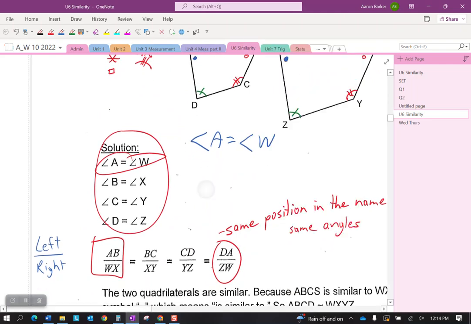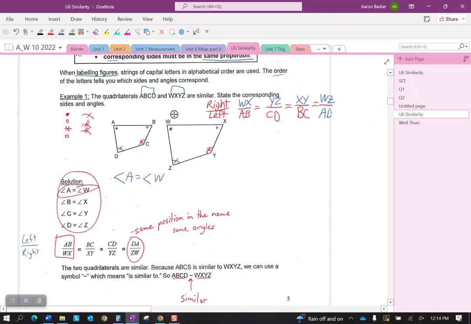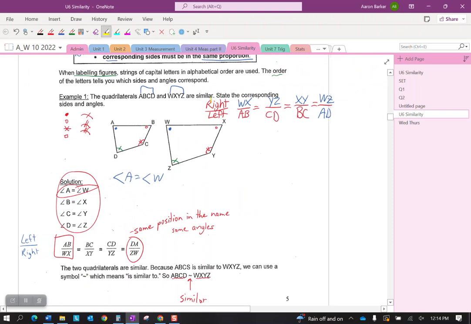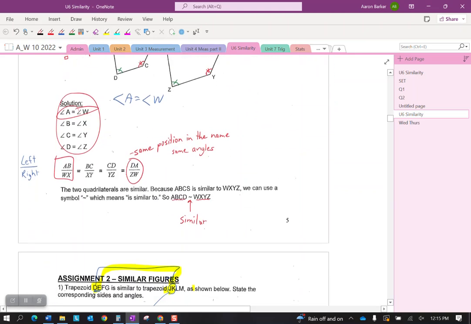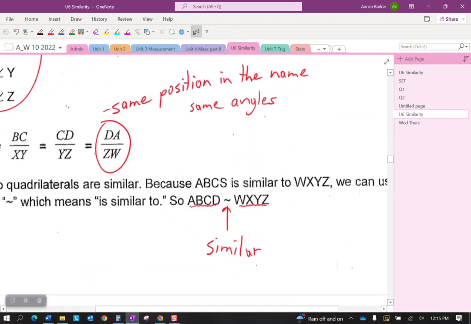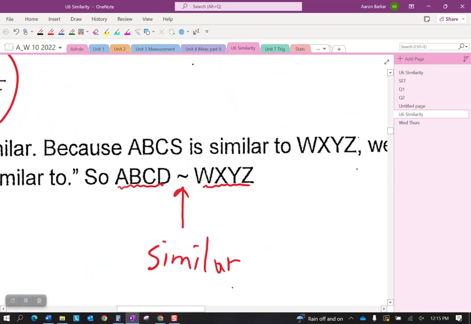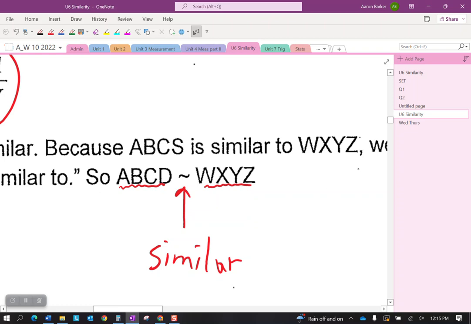Now up top, I went right over left, but over here, I went left over right. It doesn't matter which one you put on top and which one you put on the bottom, as long as you're consistent every time. Good. Notice that we have the similar symbol, a little squiggly line, that means those shapes are similar. It doesn't mean they're equal, just that they're similar.